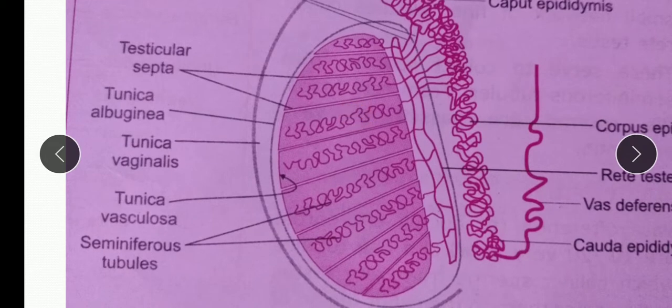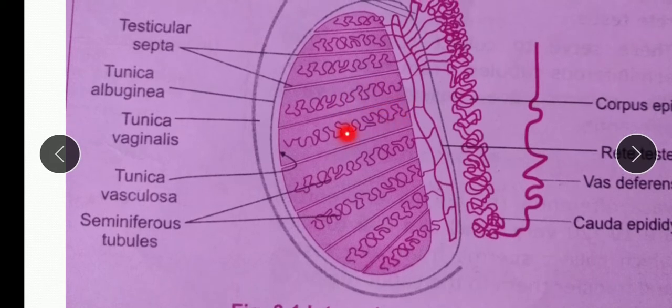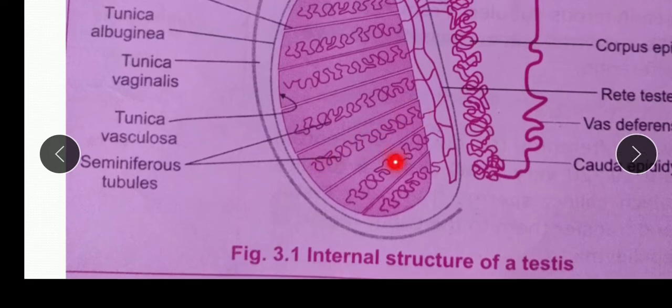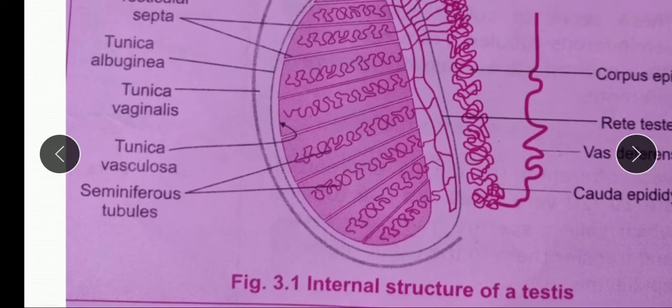Internally, each testicular septum contains 1 to 3 small coiled tubules. These small coiled tubules are known as the seminiferous tubules.